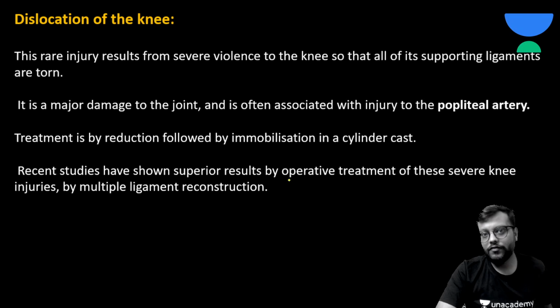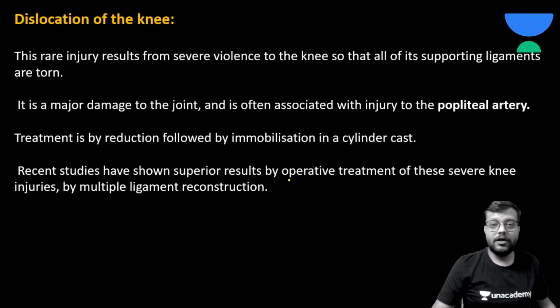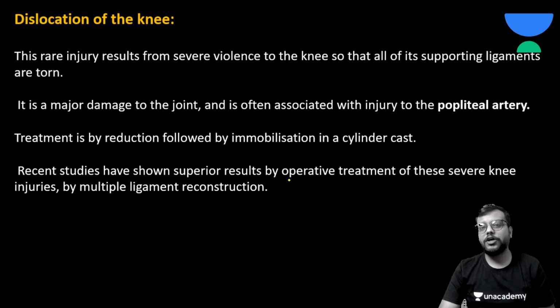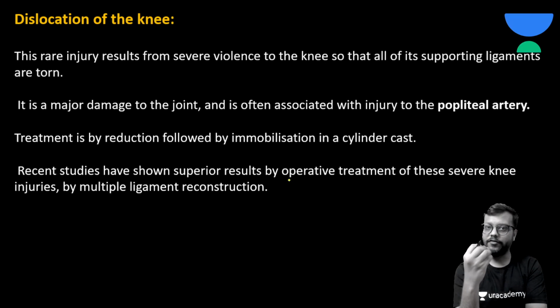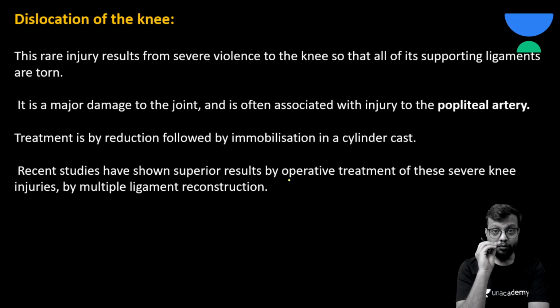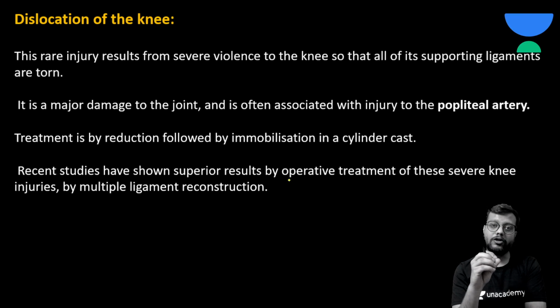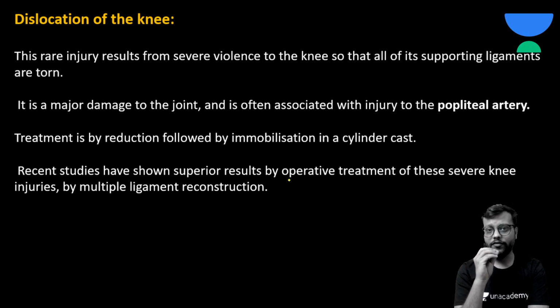Now dislocation of the knee. See, elbow, shoulder, hip joint, we have discussed the dislocation of every joint that we are discussing till now. But the most rare, I can say, as well as the most violent and the worst dislocation is that of the knee.